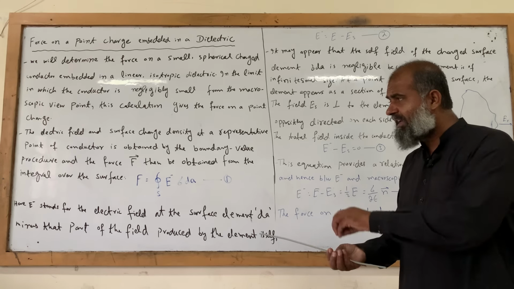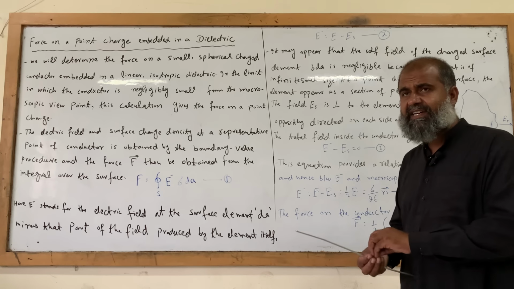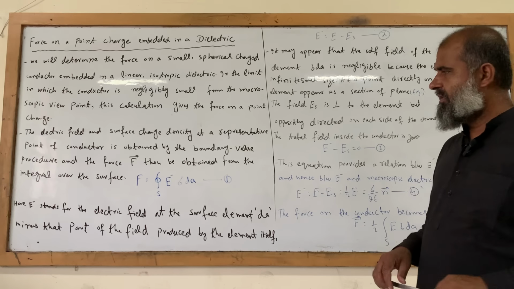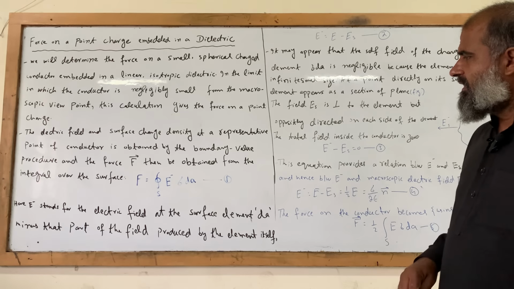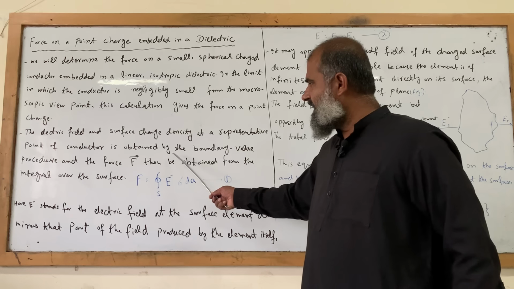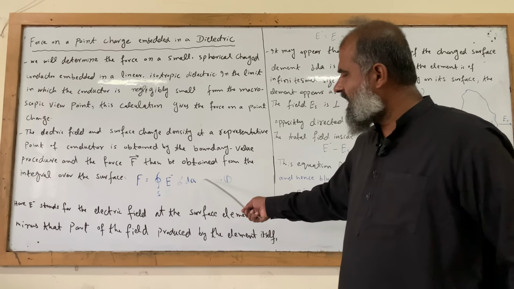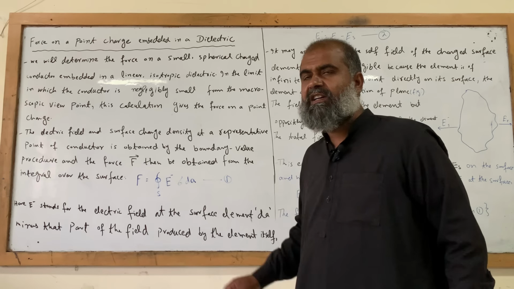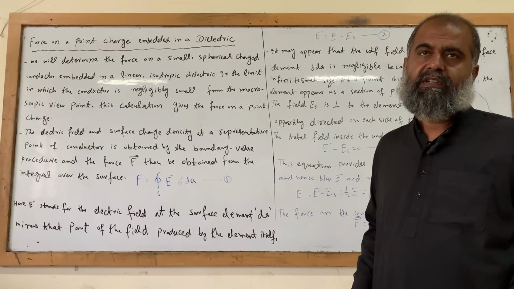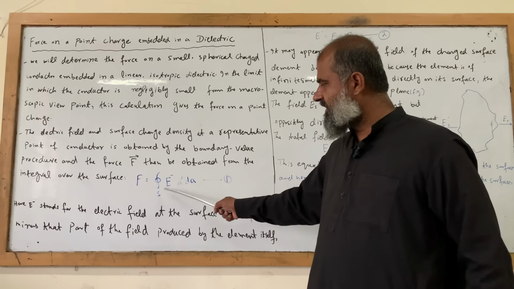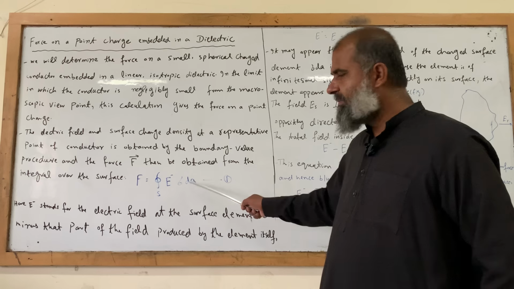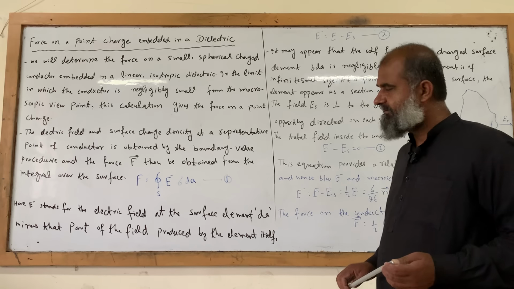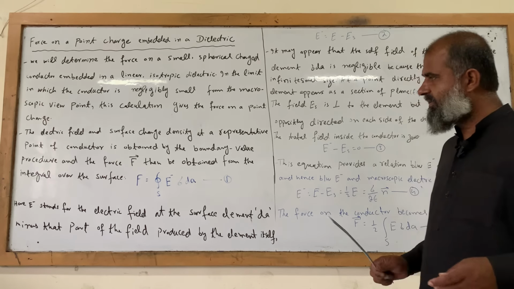So we will determine the electric field, surface charge density and force on that embedded conductor using boundary value problems and this formula for the force. This force F is equal to the surface integral of E prime sigma dA. This is our equation number 1.